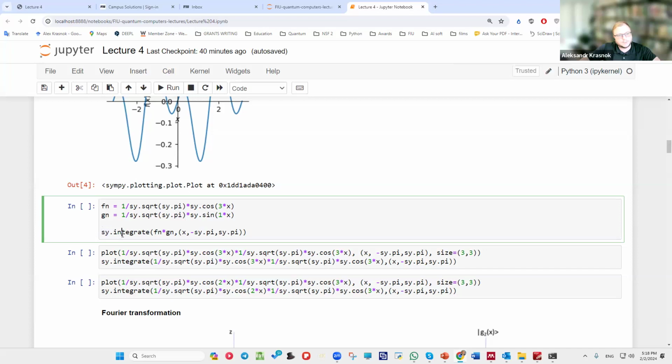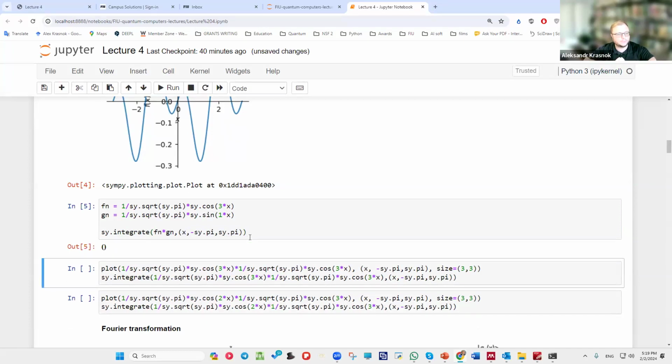So I write SymPy integrate, then the product of two functions and then the argument, right? So integration runs over argument x and starts from minus pi and goes up to pi. So we integrate the product of two functions and we get 0 as we expected.